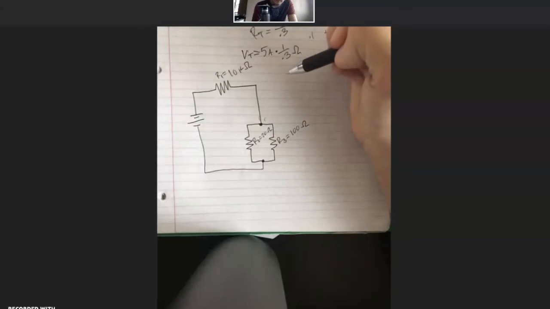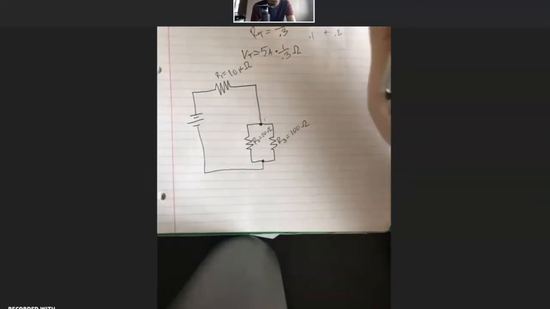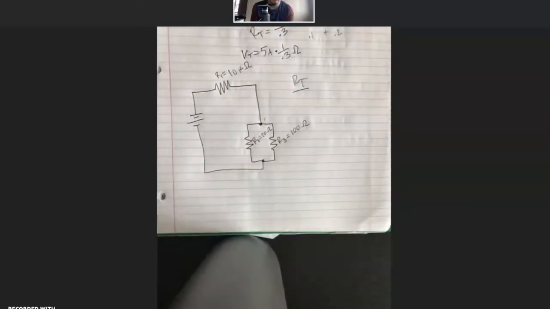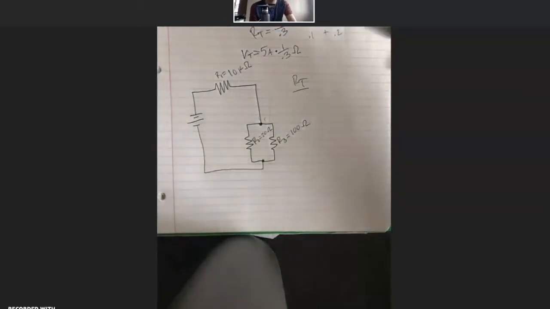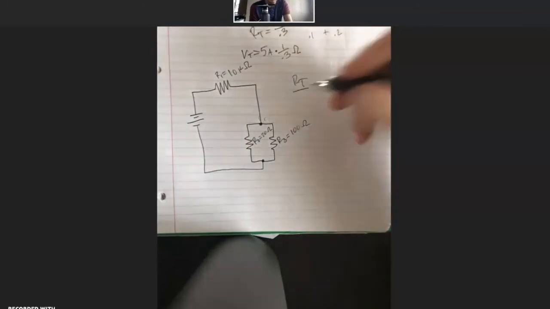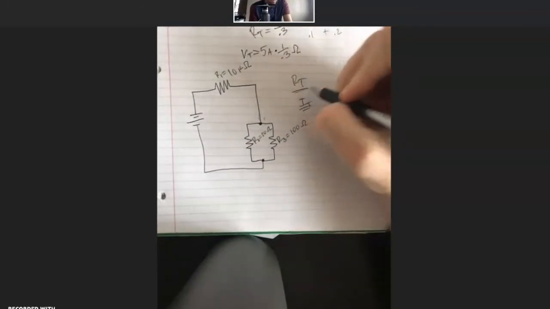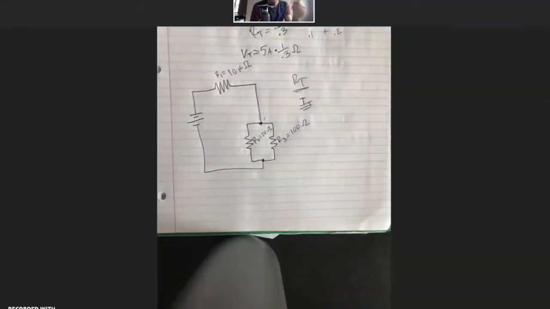So we are going to try and solve for resistance total, and we're going to try to solve for current total. So those are the two things we're solving for right now. Our voltage, we're going to go 9 volts, pretty classic.